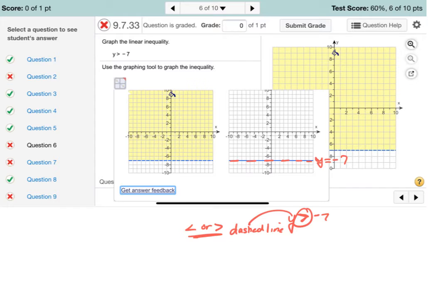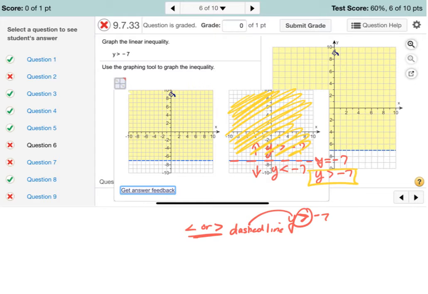We imply that it's greater than -7 when we shade above. So y greater than -7 is above, y less than -7 is below. So we know that we'll shade above the line, representing y greater than -7.